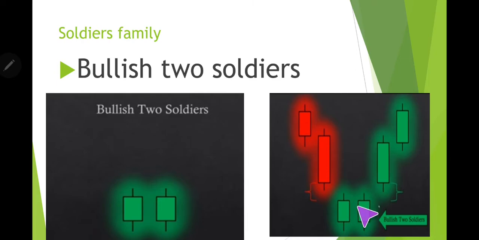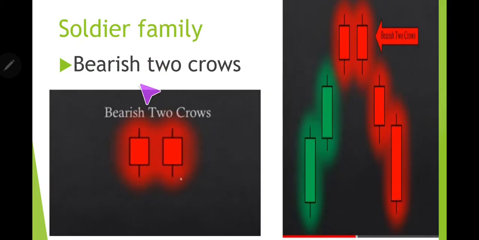So they are said to be in the bullish two soldiers position. And the bearish two crows is the mirror image of the bullish two soldiers, appearing in an uptrend to signal the reversal of that trend.